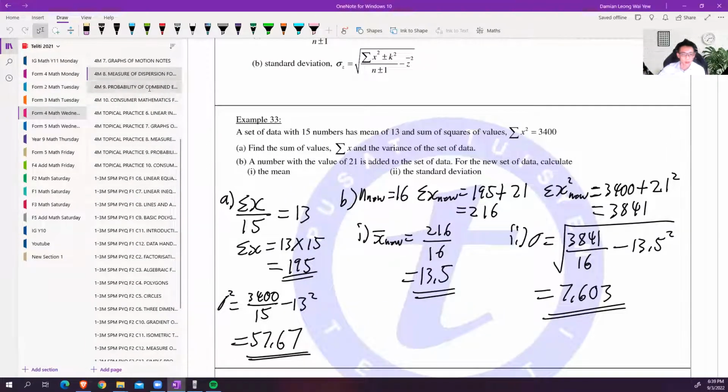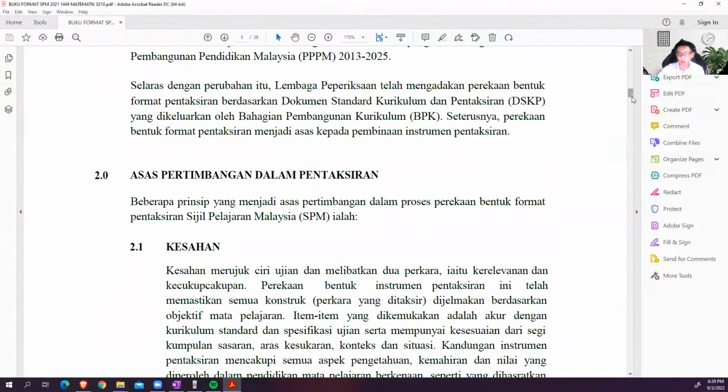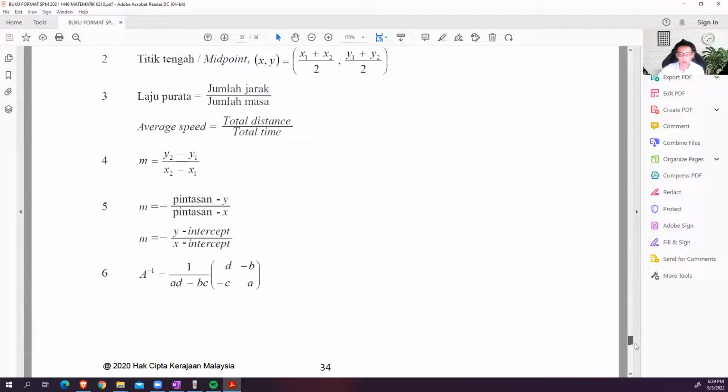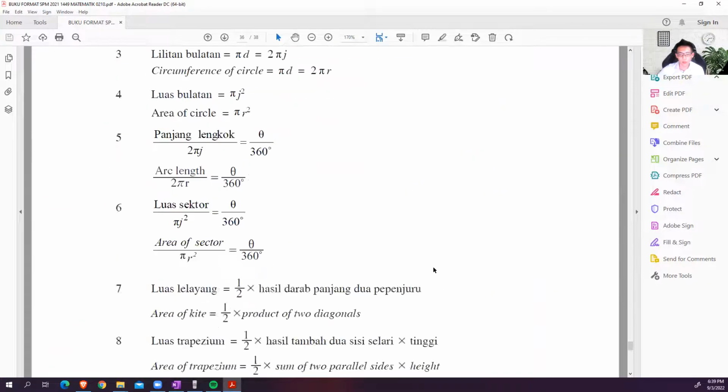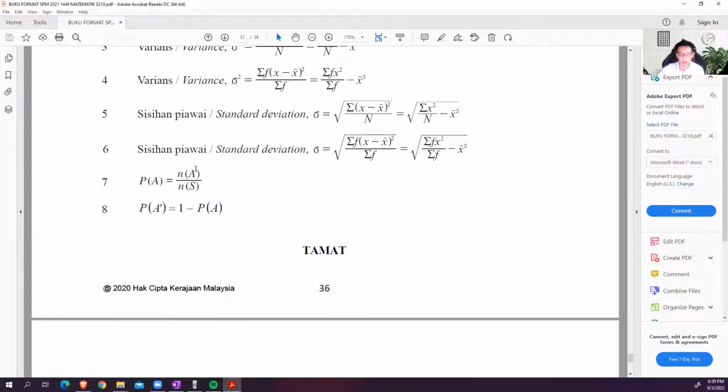Okay, chapter 9 is probability of combined events. Very simple chapter also. There is even the formula in your formula sheet for probability. n(A) over n(S), S is your sample space.